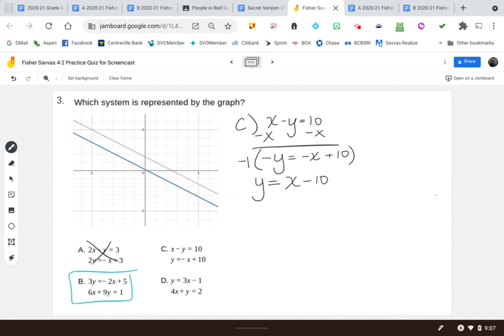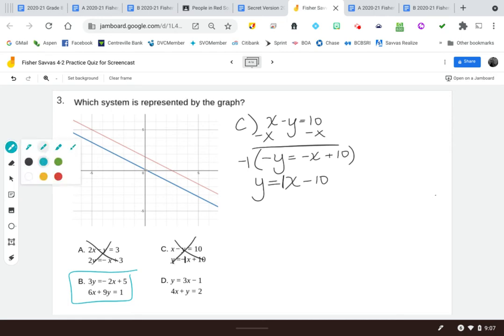That's my first equation. The bottom equation is already written in slope-intercept form, so its slope is -1, because the number in front of x is -1. My slope in the first equation is +1. Not the same slope. That means the lines are not parallel, so the answer cannot be C.